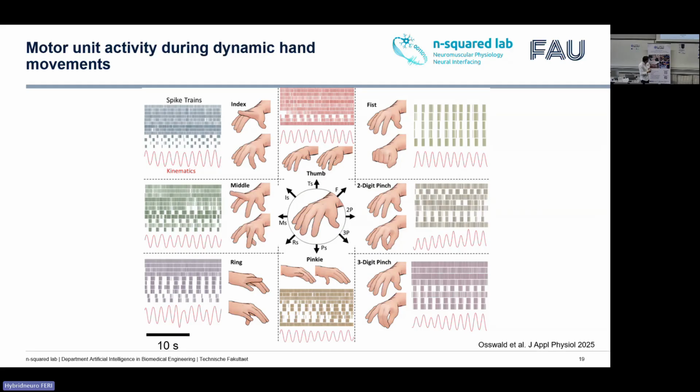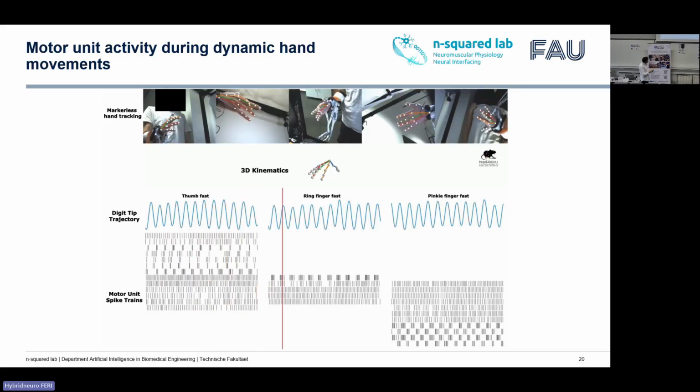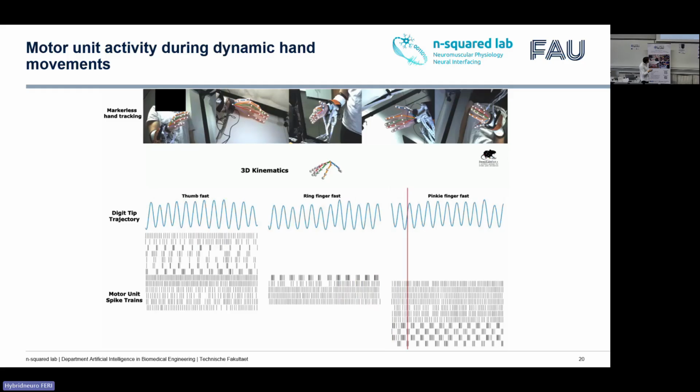The finding here, which was quite expected but nice to demonstrate, is that during a thumb fast movement, a ring fast movement and a pinky fast movement, on the same row, you have the same motor unit. This is the same motor unit that was tracked on thumb, ring, and pinky.